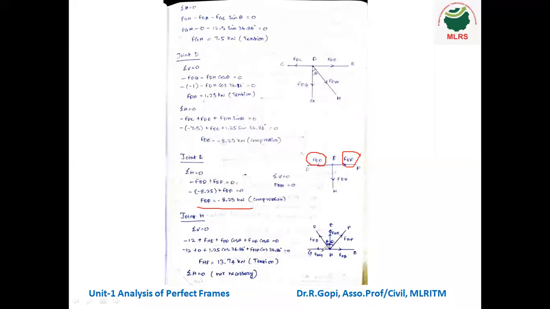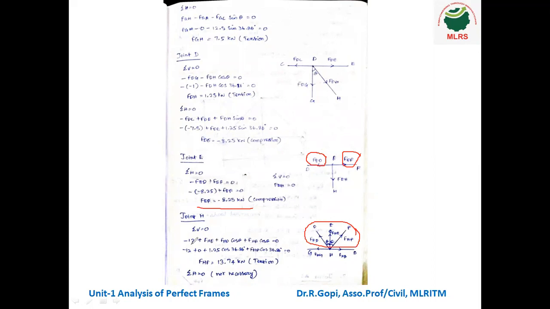So how to calculate forces in the member FHF? Because FHF is the only one unknown. So let's start with summation of V is equal to 0. So for this summation of V is equal to 0, these 3 members forces come. So what is the first member force?